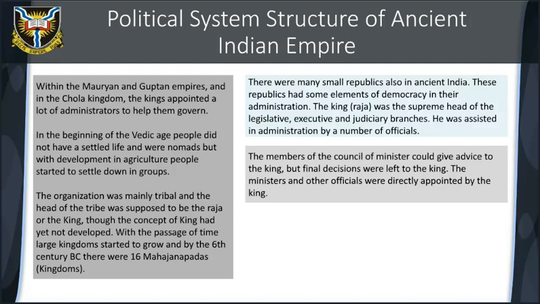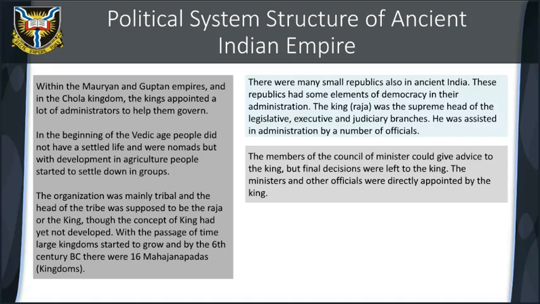With the passage of time, large kingdoms started to grow, and by the 6th century BC, there were 16 Mahajanapadas kingdoms. There were many small republics also in ancient India. These republics had some element of democracy in their administration.